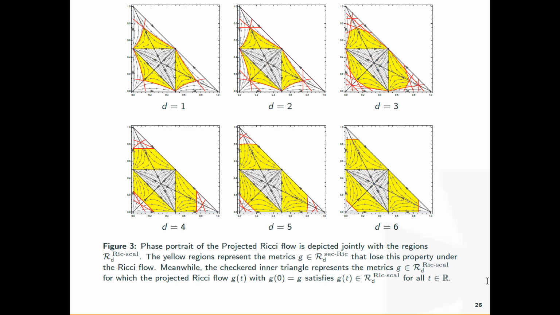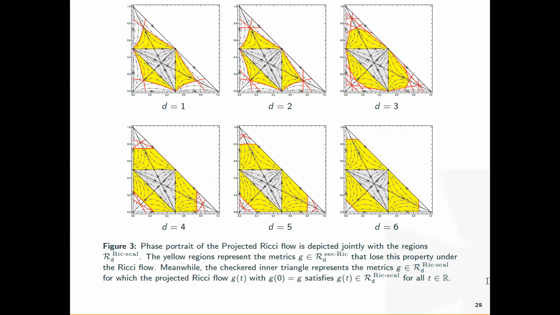Again, all the yellow regions consist of matrices with positive that notion of curvature that lose this property under the flow, and the checkered regions are matrices with this curvature property that are trapped, keeping this property indefinitely via the flow.